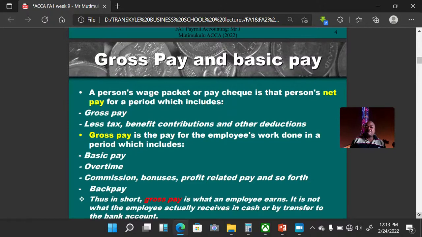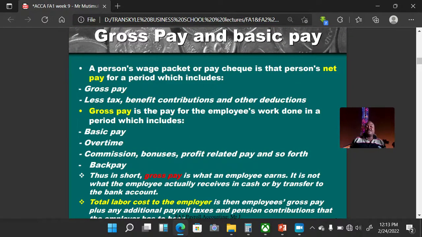A person's wage packet or paycheck is that person's net pay for a period, which includes gross pay less deductions, less tax, benefit contributions, and other deductions.